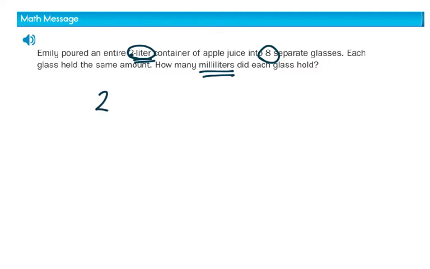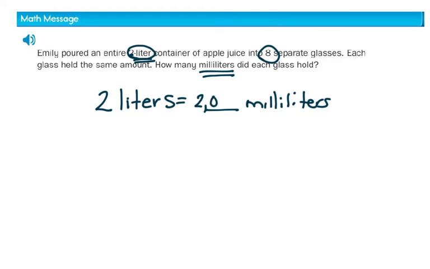So the first thing I want to do is change 2 liters into how many milliliters? Well, I know that there are 1,000 milliliters in each liter. So 2 times 1,000 would be 2,000 milliliters.